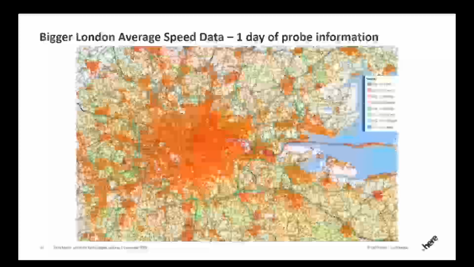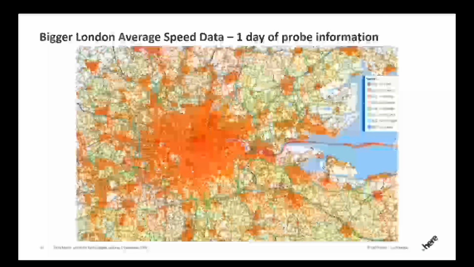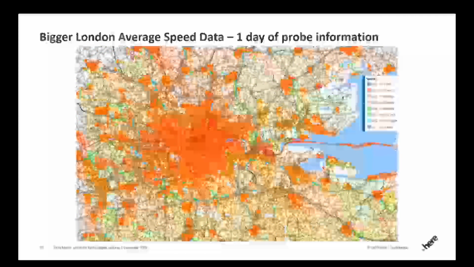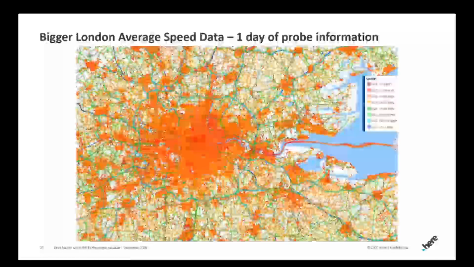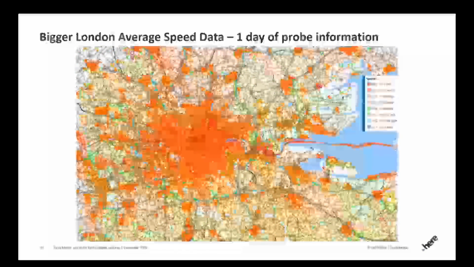So if I zoom out even further and I look at the average speed data, then you can clearly see, if you zoom out far enough, that certain roads have a higher speed than others, right? So there's the ring around London. There the speed is higher, you can see based on the different colors, than, for instance, in the center of London.